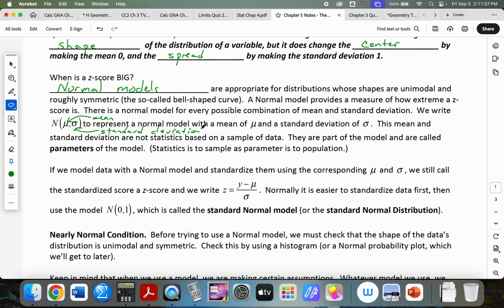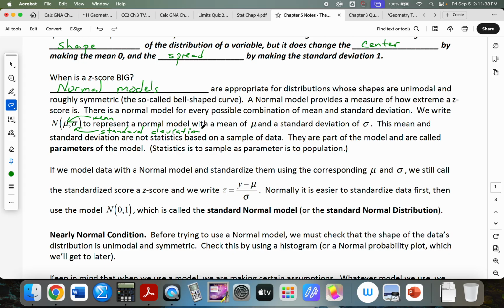There are things that are going to be close to the normal model, but the normal model is just a mathematical way of saying, this is what we think is going on. These are good approximations, but they're never completely accurate. It's a model that lets us do a whole lot of other things with it.